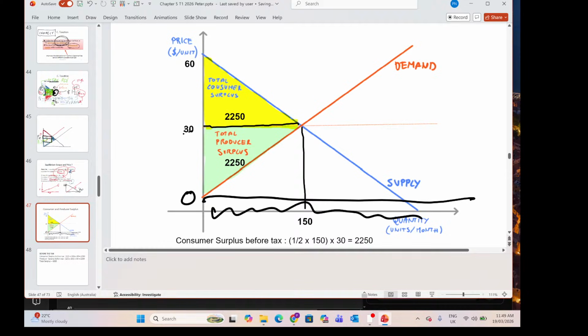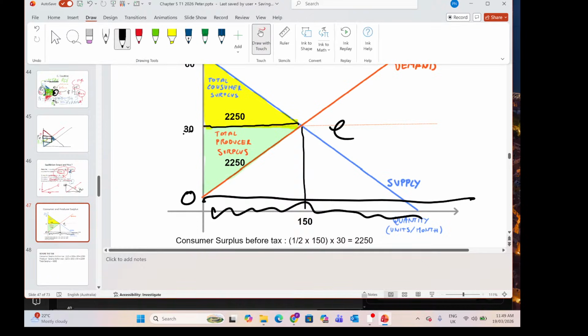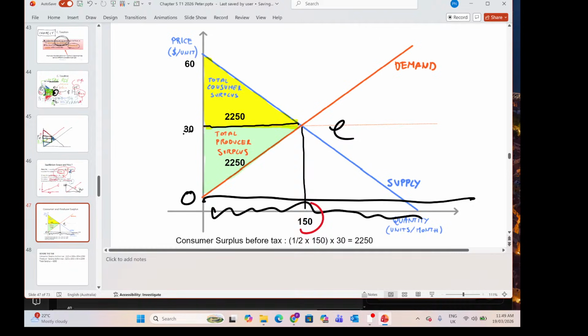So we've got an equilibrium. We've already worked it out. Our equilibrium quantity is 150, and our equilibrium price is 30.